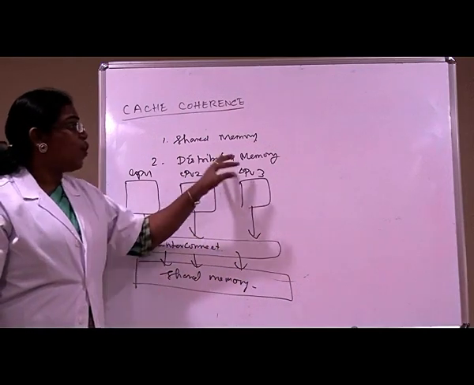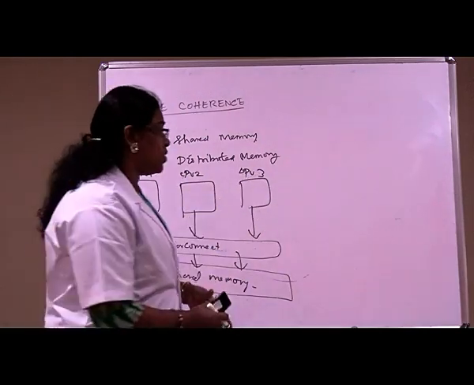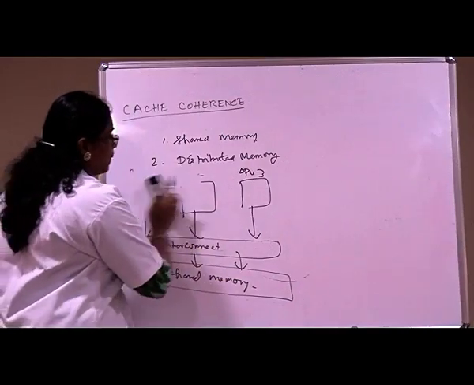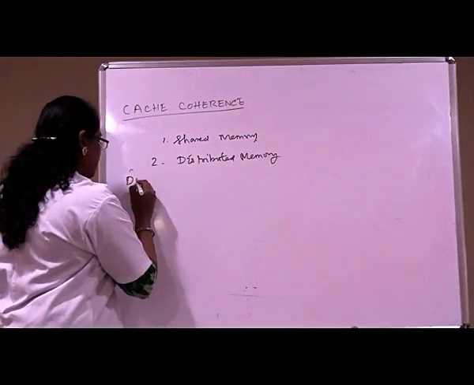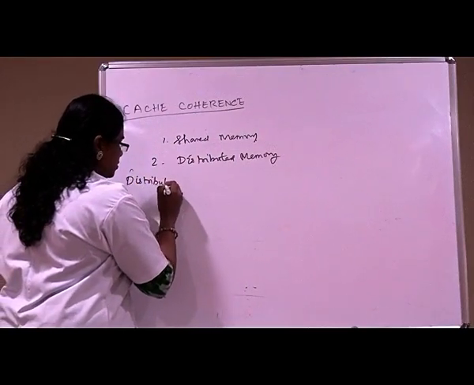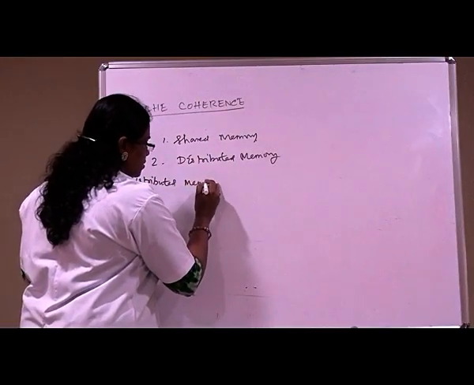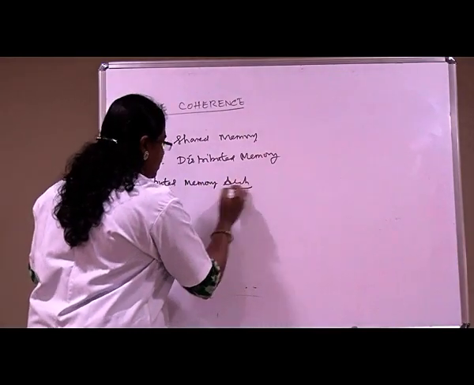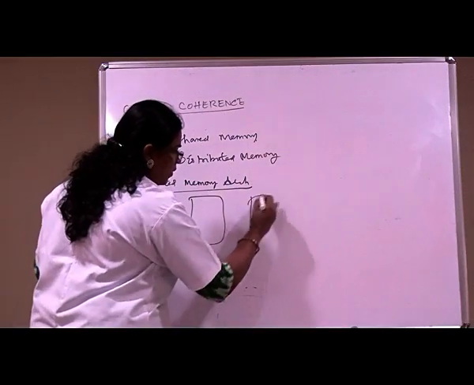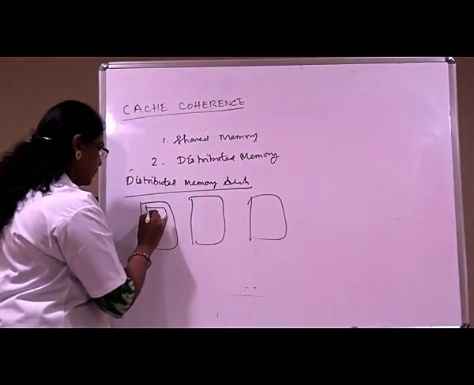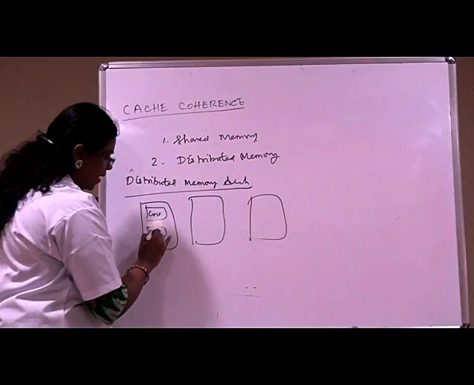The next type of architecture is the distributed memory architecture. Here we will have a number of cores. Each core will have its own private cache available.